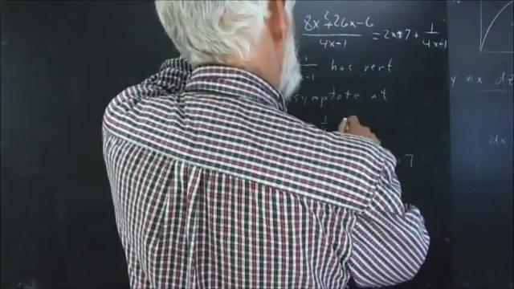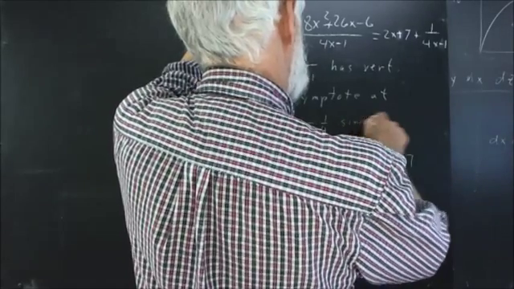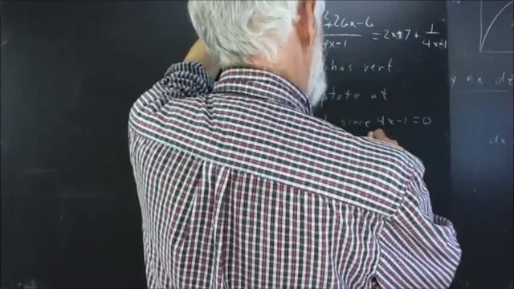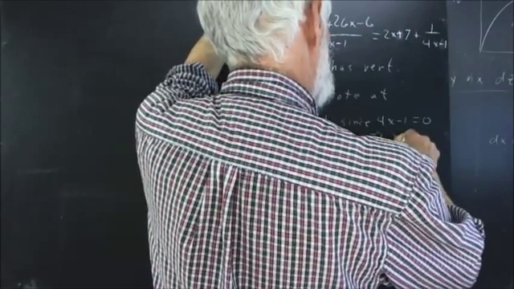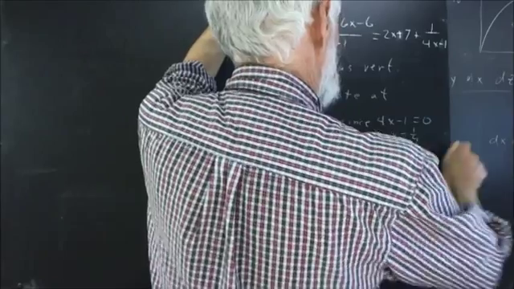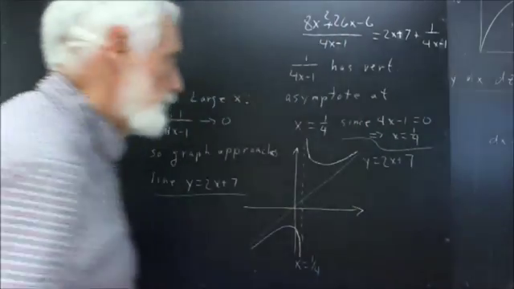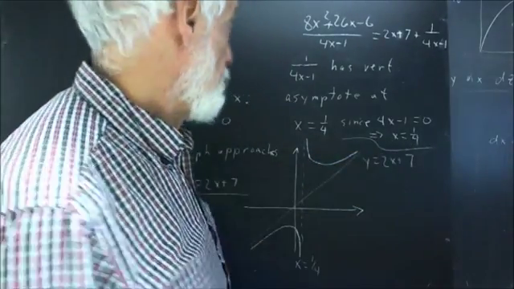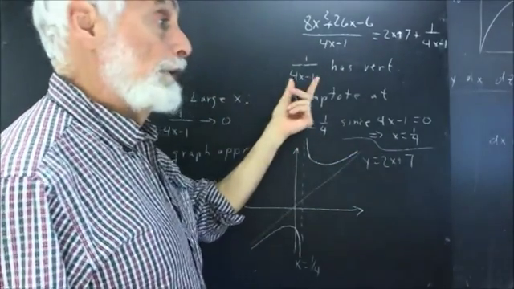That's because 4x minus 1 equals 0 implies x equals 1/4, and having a 0 in the denominator means that as x gets close to 1/4, this denominator gets close to 0.